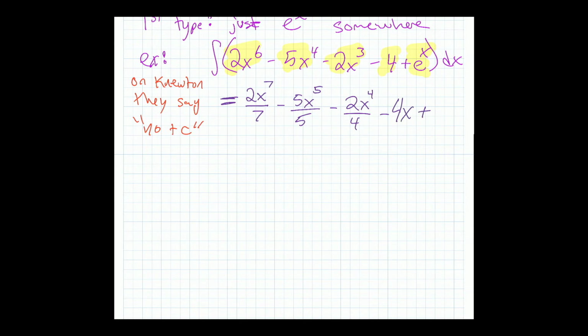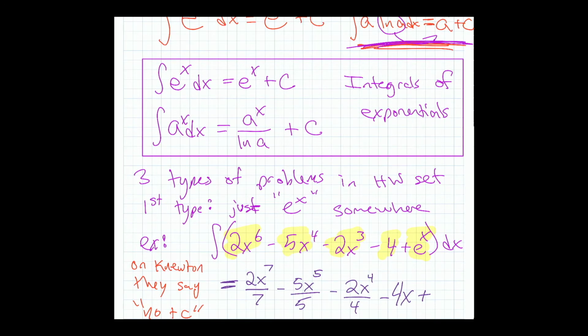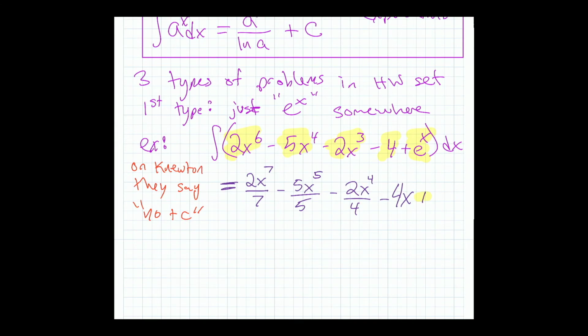And finally, we get to our e to the x. What's the antiderivative of e to the x? Well, it's right here, right? The antiderivative of e to the x is just e to the x. Very easy. So what's the antiderivative of e to the x?